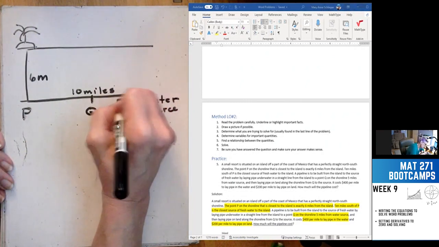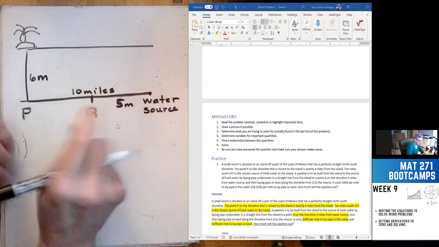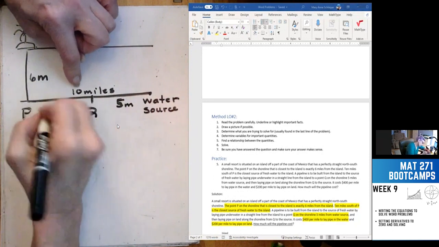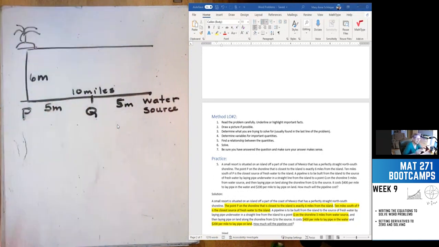So this is 5 miles. Well, since the whole distance is 10 miles, if that's 5 miles, then this is 5 miles. And then laying pipe on land from Q to the source. It's $400 per mile to lay pipe in the water and $200 per mile to lay pipe on the land. How much will the pipeline cost?